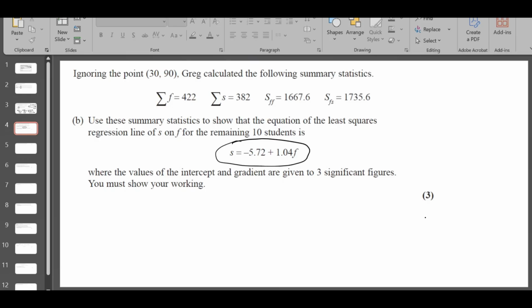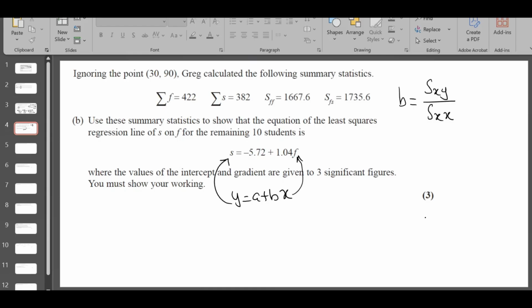To find the equation, first you need to find B. The formula given in the data booklet is SXY divided by SXX. Sometimes you will be confused what is X and what is Y. So compare the equation Y is equal to A plus BX with this. So X is F, Y is S.